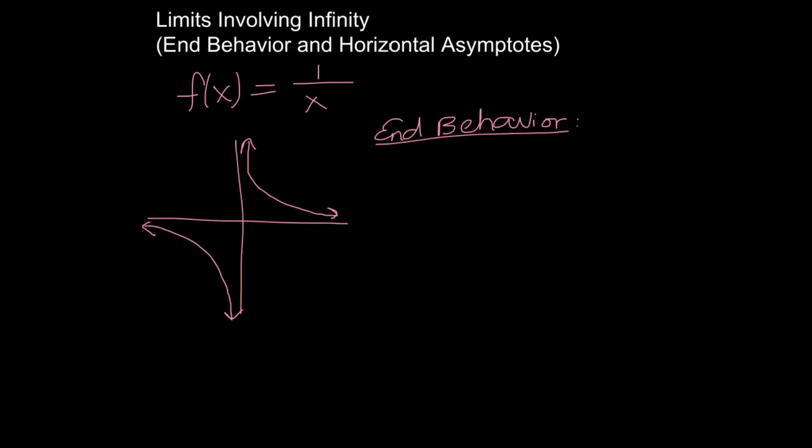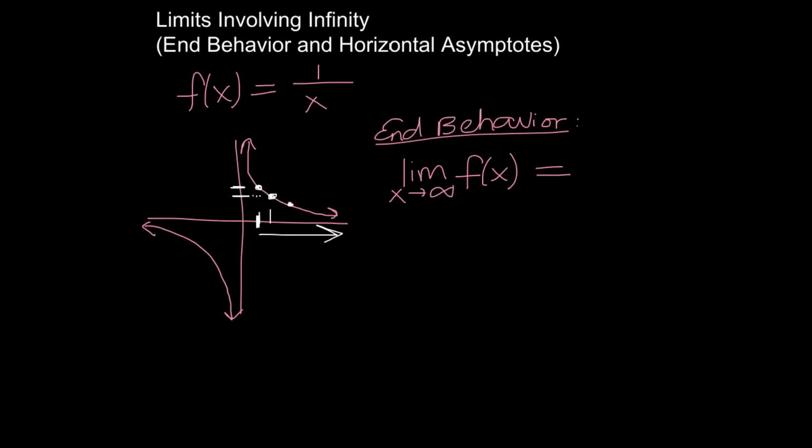So we ask ourselves, the limit as x approaches infinity of this function equals what? We're asking what is happening to the y values as the x values get larger and larger. For this x value right here, this is the y value. For this x value, this is the y value.